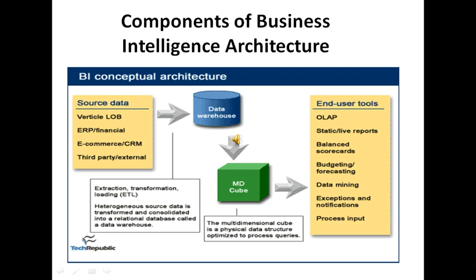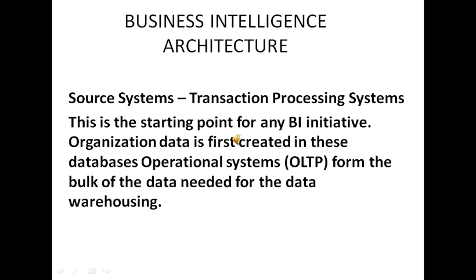Now the business intelligence conceptual architecture has been shown on the screen with source data, ETL, data warehouse, data modeling and end user tools. All these things are explained thoroughly in the coming slides.